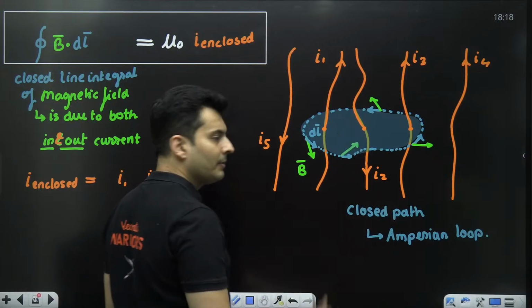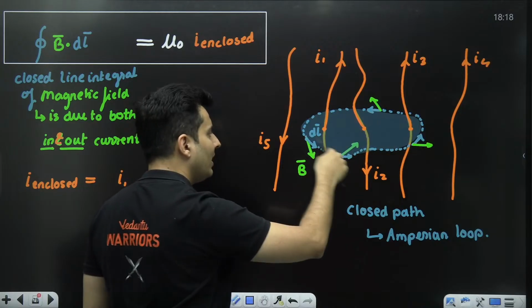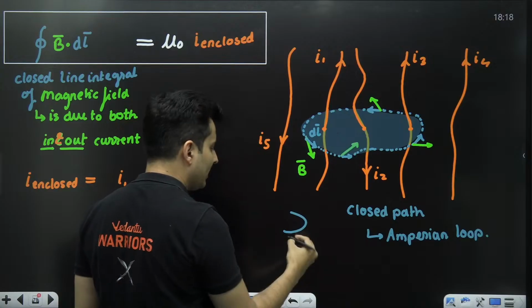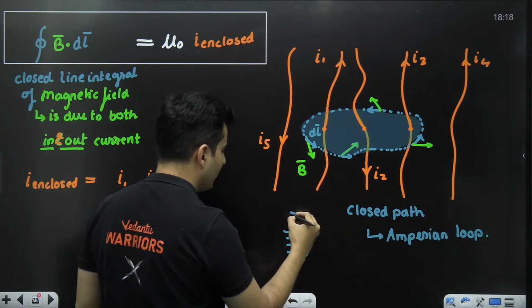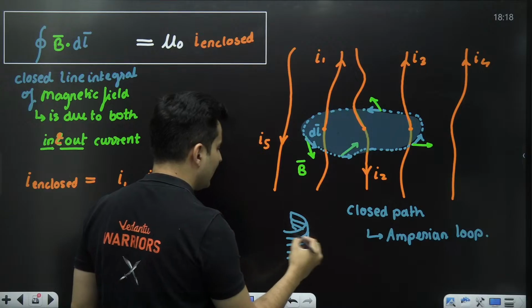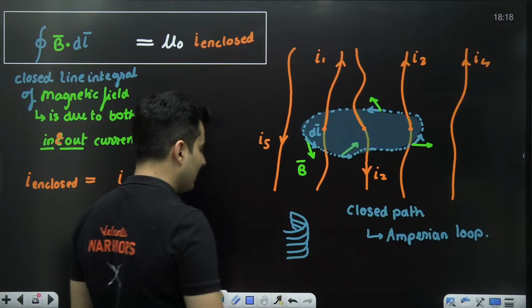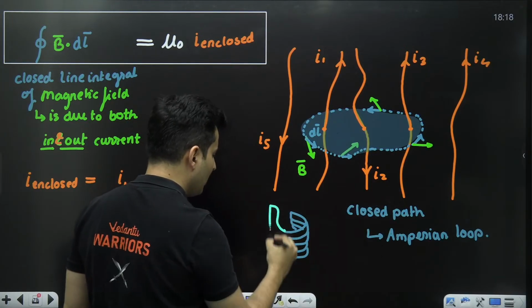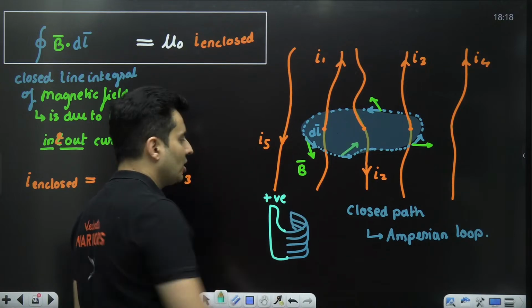Take the fingers of your right hand and go in the same way the loop has been covered, across the loop like this. Curl your fingers of your right hand exactly in the direction in which you are covering the closed path. Then the thumb exactly points in the positive direction of the current.